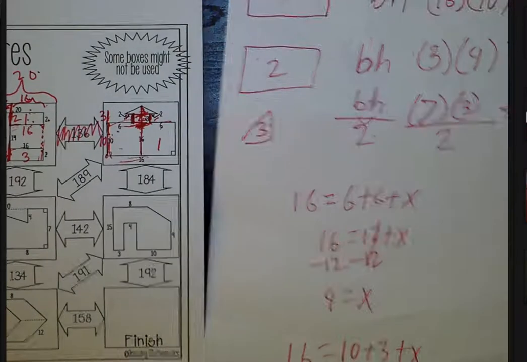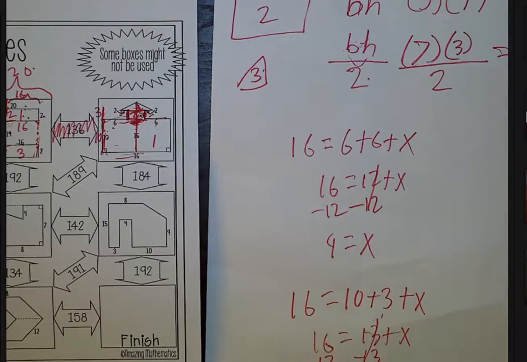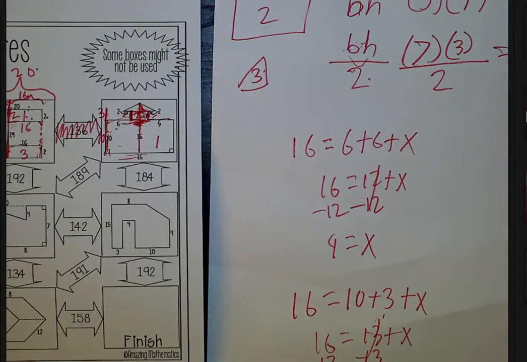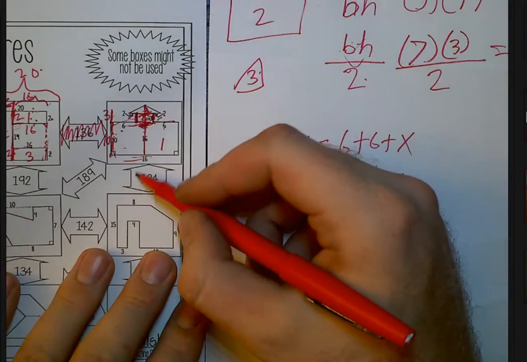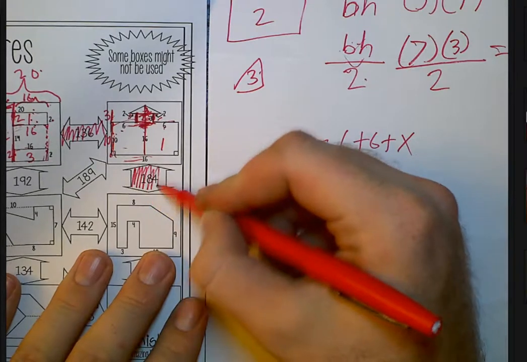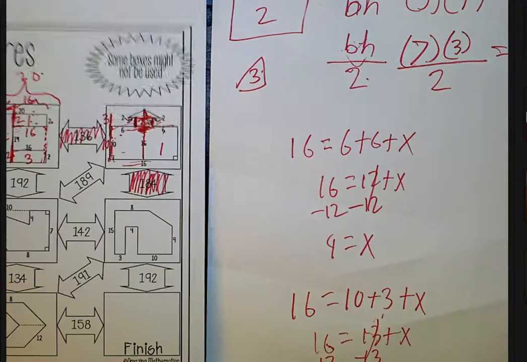So I got 182.5. And I must have messed up somewhere, but I have the answer sheet right now, and that's pretty close to the right answer, which is 184, so I won't worry about it too much.